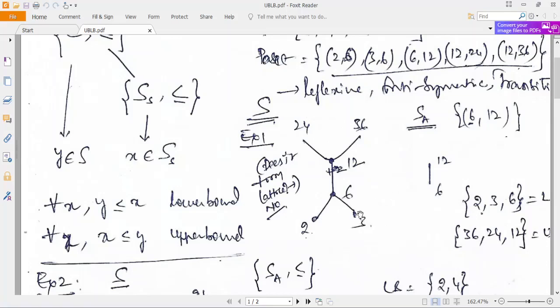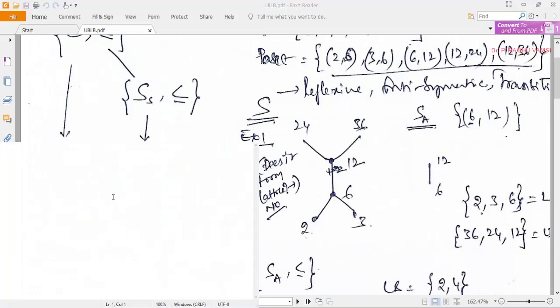Lower bound. How do we calculate this? Here the given subset is S equal to 6, 12. Now we need to identify the lower bound for 6. If you calculate the lower bound for 6, 6 can also be included because of the less than or equal to condition.